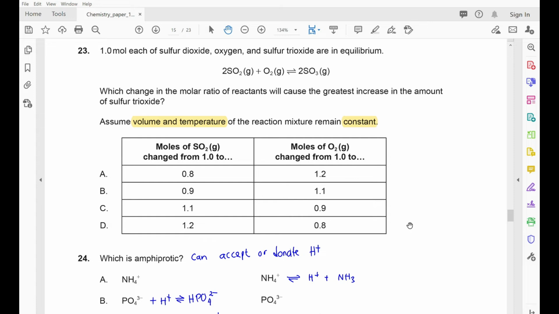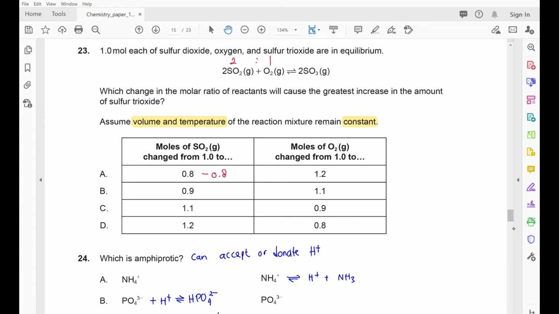Question 23. 1 mole each of sulfur dioxide, oxygen, and sulfur trioxide are in equilibrium. Which change in the molar ratio of reactants will cause the greatest increase in the amount of sulfur trioxide? The molar ratio between sulfur dioxide and oxygen is 2:1. Given this number of moles, we know that sulfur dioxide is the limiting reagent. It is always used up, so it is used up by 0.8.